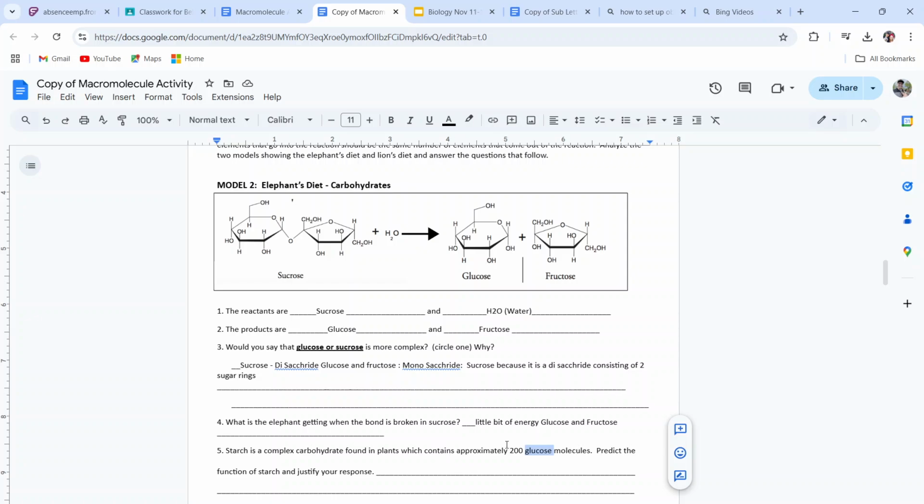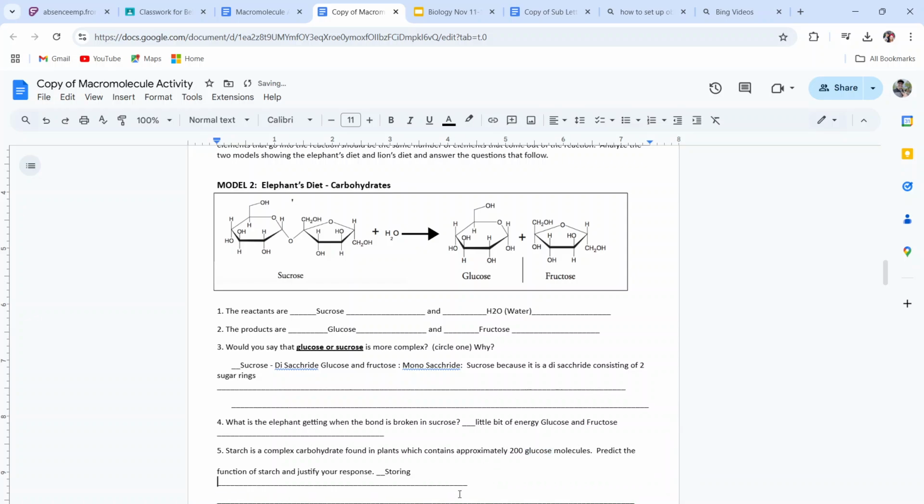Essentially what we're having here is that we are storing glucose molecules, which means that we are storing carbs, and as an energy storage, starch is energy storage.